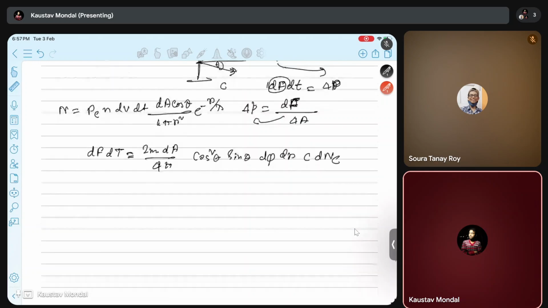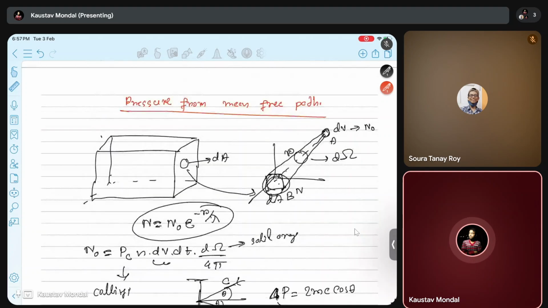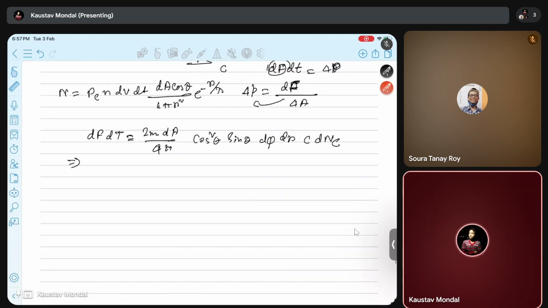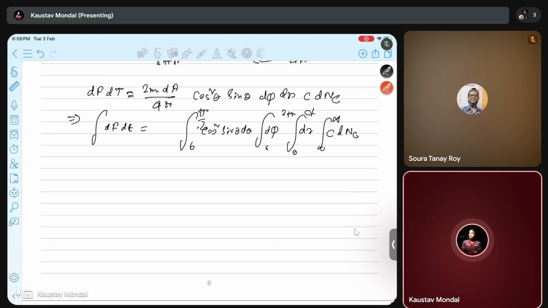Now you integrate df dt over the whole volume of the gas. The integration limits are theta from 0 to pi by 2 for cos square theta sine theta d theta, phi from 0 to 2 pi, r from 0 to c dt, and velocity can be anything from 0 to infinity.